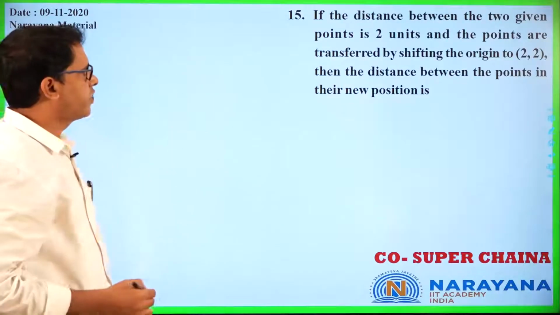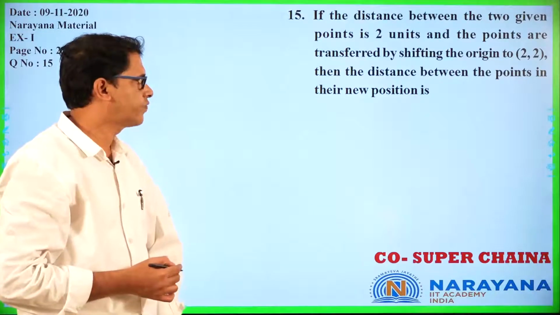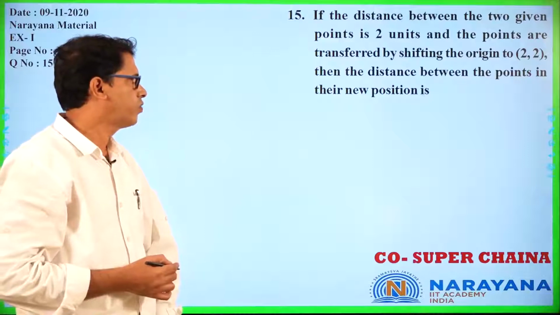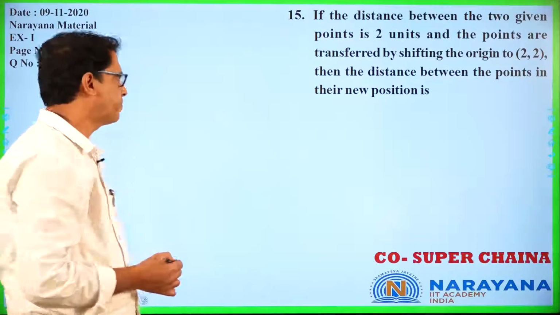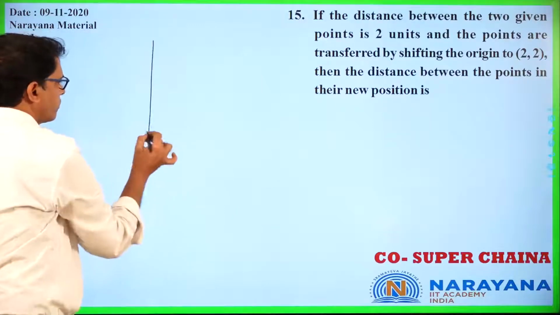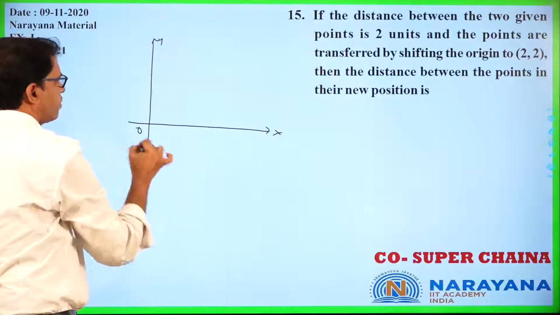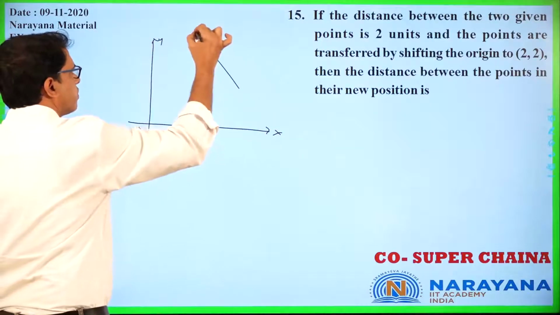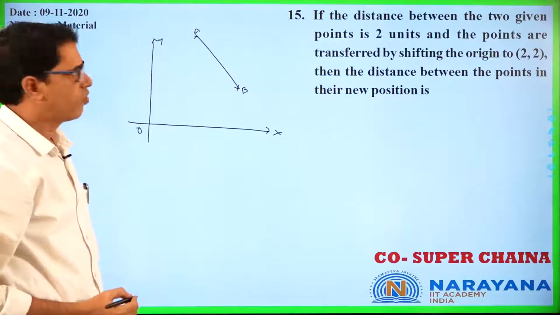If the distance between two given points is 2 units and the points are transferred by shifting the origin to 2, 2, then find the distance between the points in the new position. See, these are the coordinate axes x and y. These are the two points, say A and B. Now what is given?